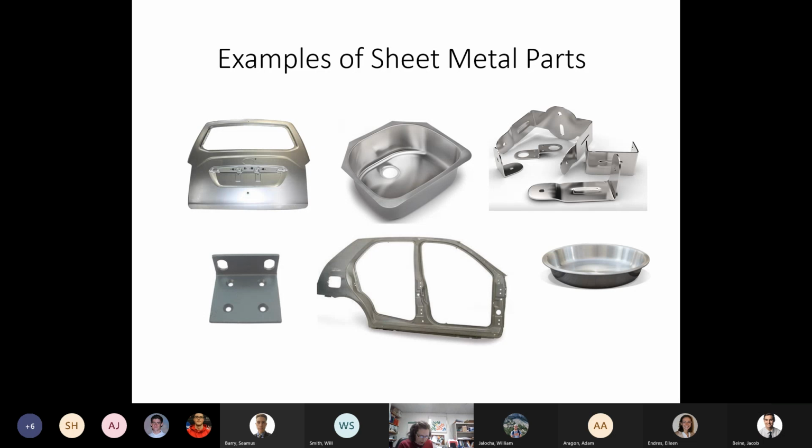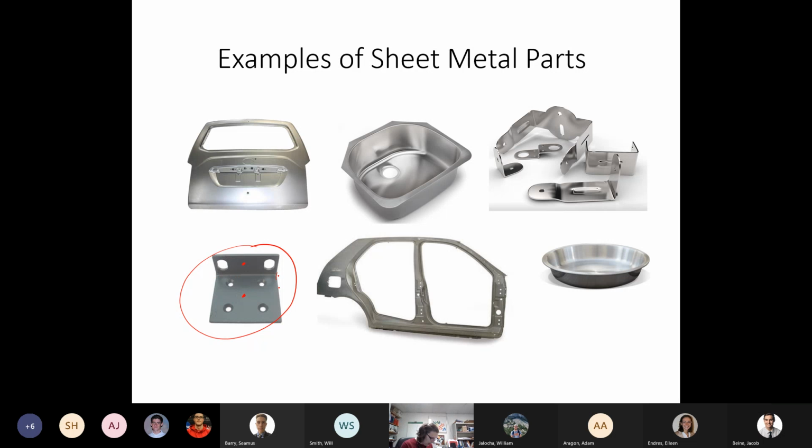Now, when we look at some of these parts, when we see the kind of deformation, I want to point out a couple ways in which sheet metal is different from what we've talked about before. For this part here, this lovely bracket, this location and this location, there's no deformation.